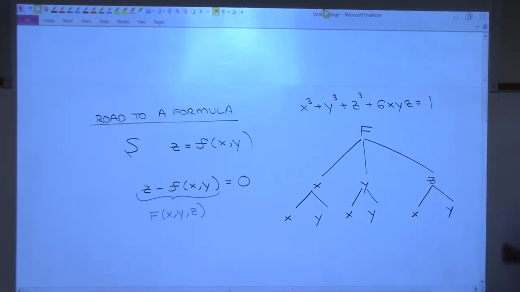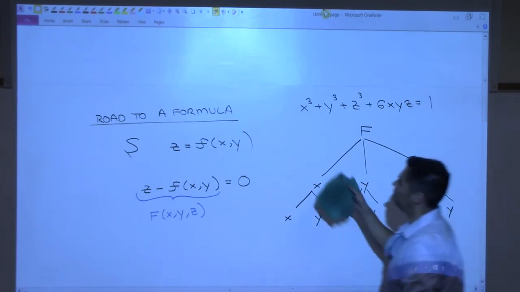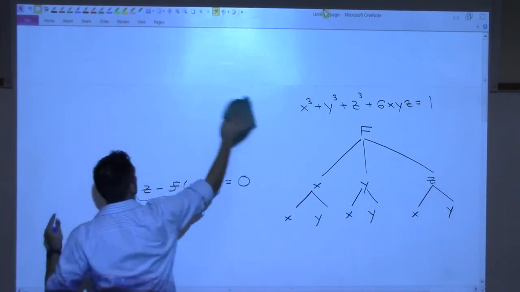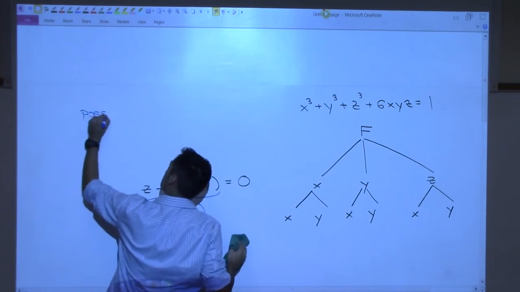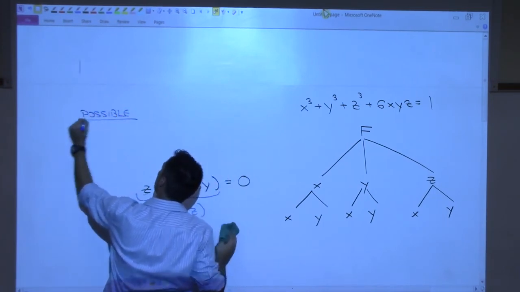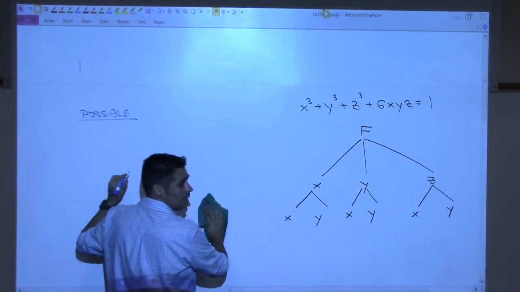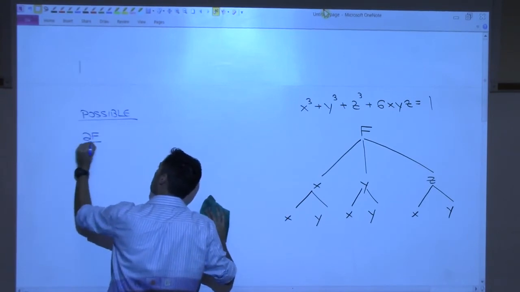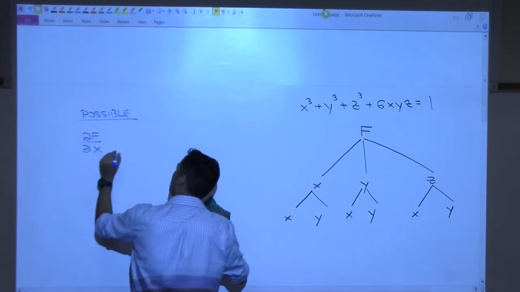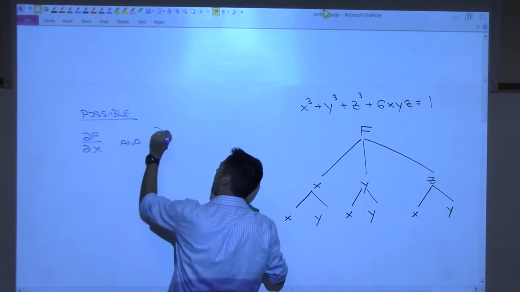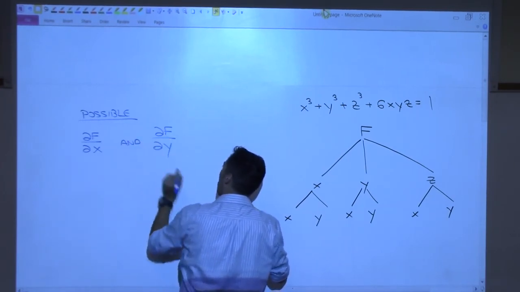What derivatives are possible here? So tell me what derivatives would be possible in this tree. What's possible would be partial capital F with respect to x and partial capital F with respect to y.